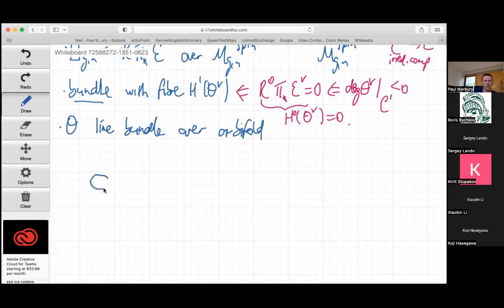Well, we've got this orbifold point, and upstairs we have this double cover. That's what we mean by an orbifold point. So locally we have this double cover here, and the line bundle over the base. So I'm going to put a 2 bracket here because this is an orbifold point.